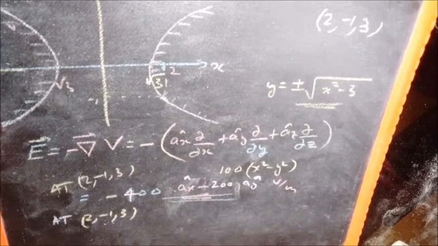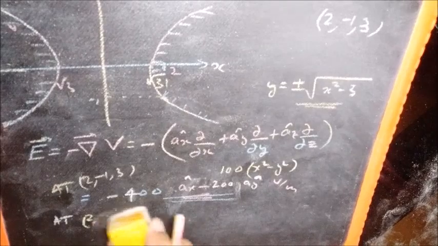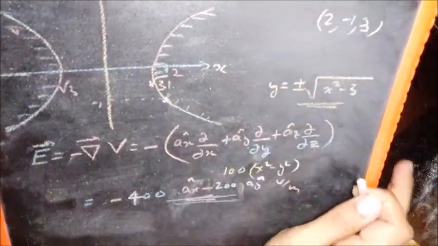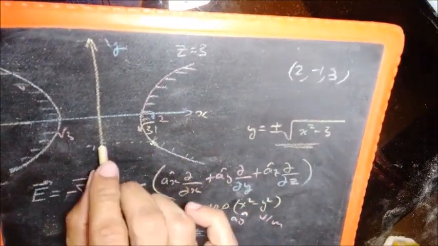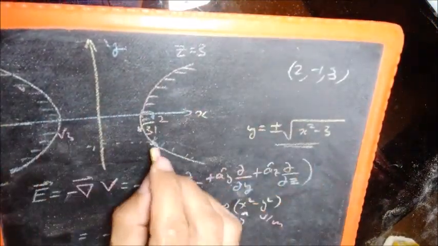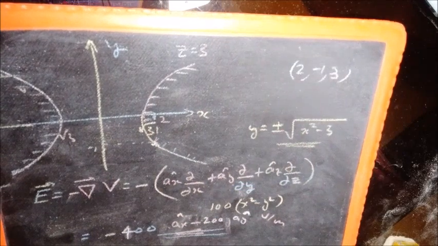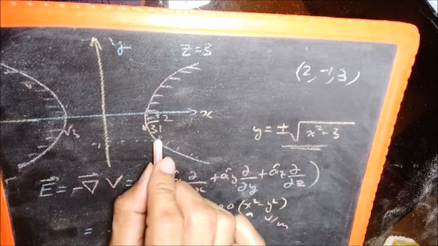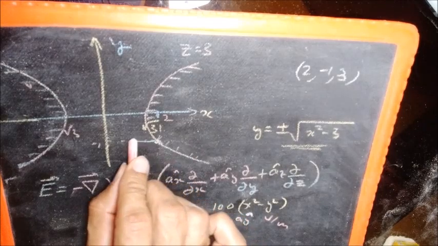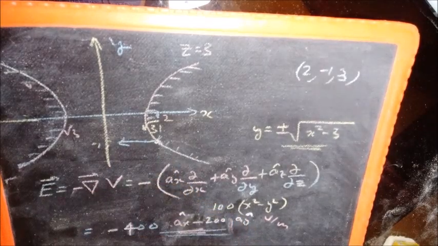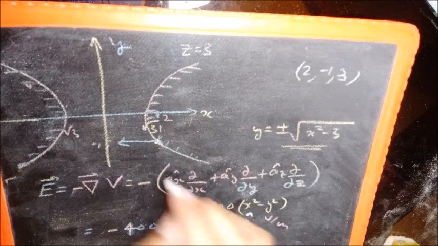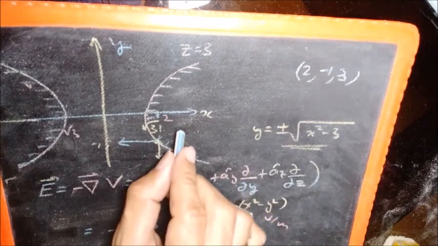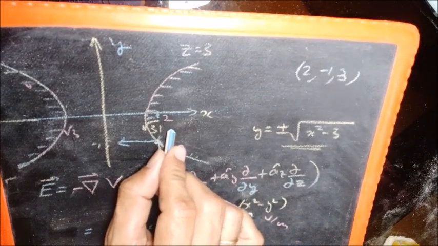If we try to show it here roughly, this is the point, as I said earlier, 2, minus 1 and z is equal to 3. The electric field is such that it has an x component which is minus 400, so in this direction, let's say the x component of the electric field, and the y component is minus 200, half of this here, which means that the electric field at this point will be in this direction.